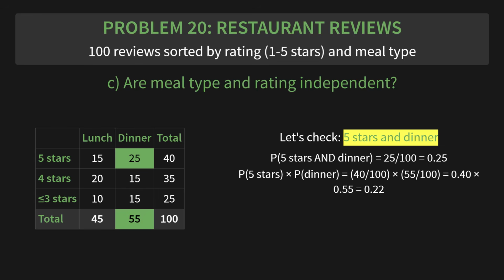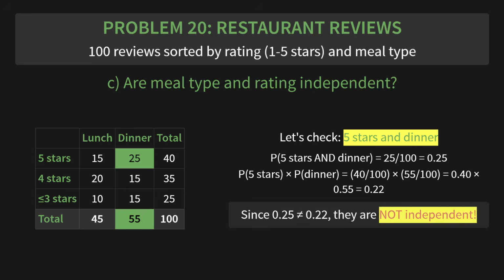If they were independent, what would we expect? Probability of 5 stars, 40%, times probability of dinner, 55%, equals 22%. But we actually observed 25%. They're not independent. Dinner customers are more likely to give 5 stars than pure chance would suggest.